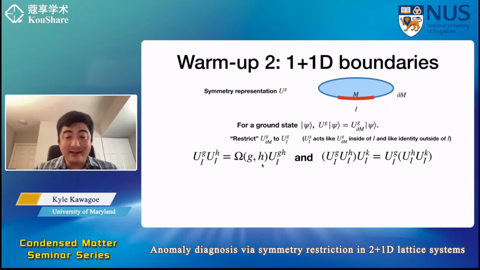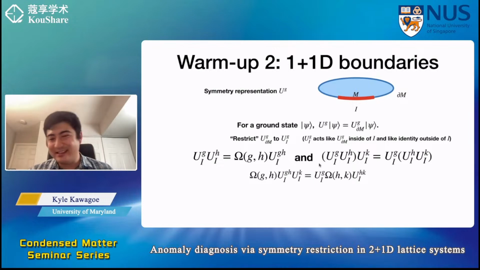Okay, so using that and associativity, we can derive an interesting relation between these various omega GH operators. As the first step, if you combine this UG and UH to create omega GH times UGH, and on the right-hand side, you combine UH UK to get omega HK times UHK sub I, then you get this equation here.